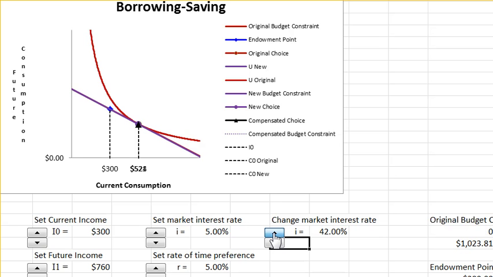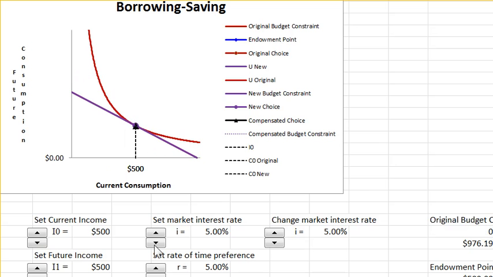So let's make it a little bit more here. And still a little bit more. Okay. The budget line rotates through this blue point, is now steeper. This is just like an increase in the price of current consumption for this consumer. So the consumer buys less current consumption.